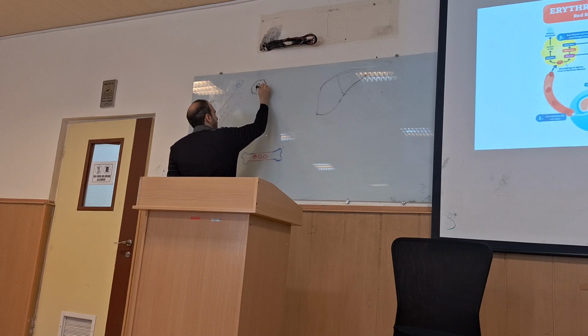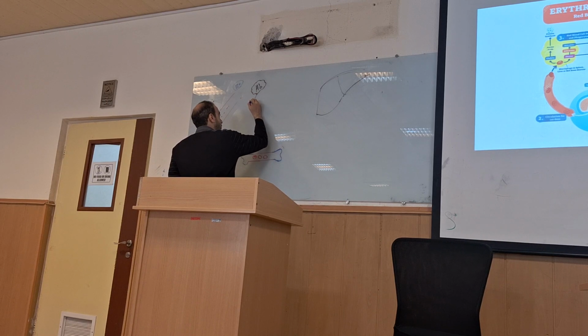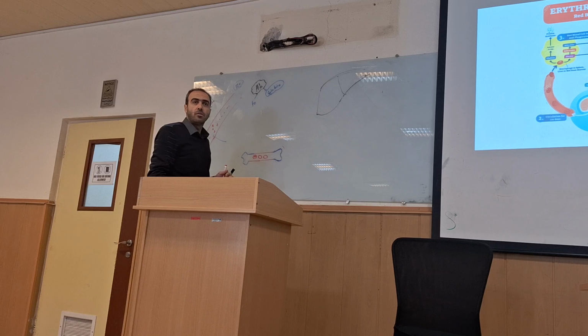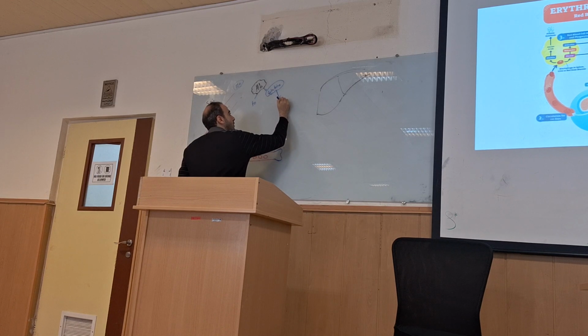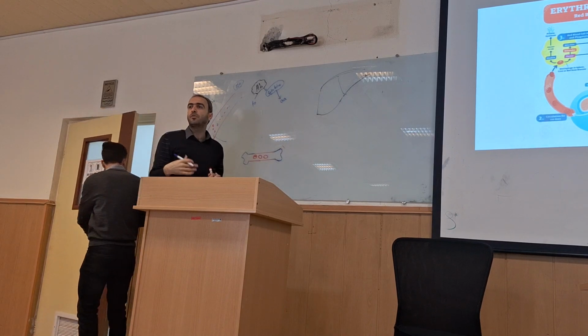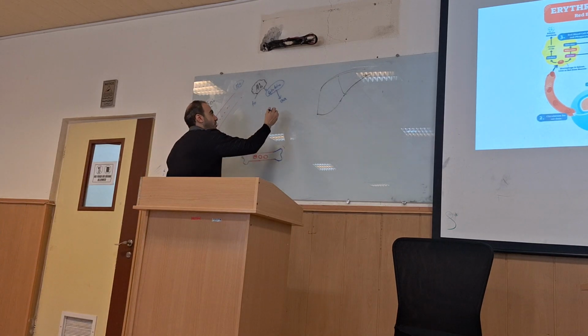Iron and protein. Globin. The globin part, or protein part, degrades to what? Amino acids. And amino acids can be used for protein synthesis again or other functions.